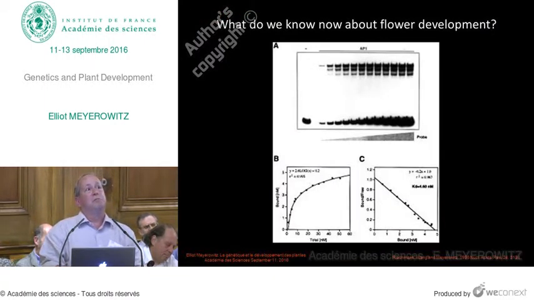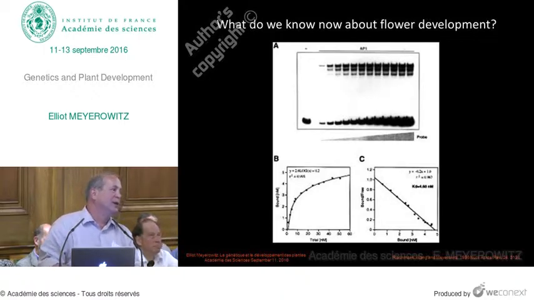And so many experiments have been done. This is just one showing that the proteins encoded by these genes all bind to DNA, and they bind upstream of particular genes and activate or repress those genes, and so they create a new pattern of gene expression in those cells where they're expressed.